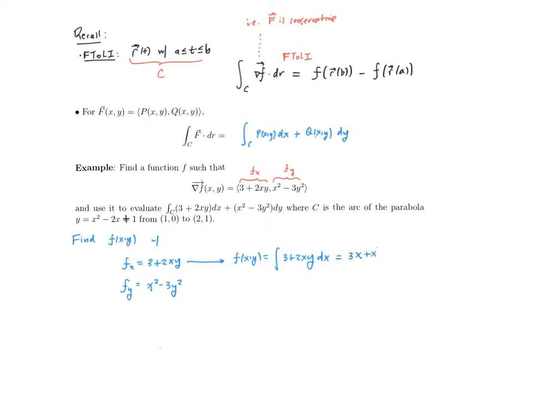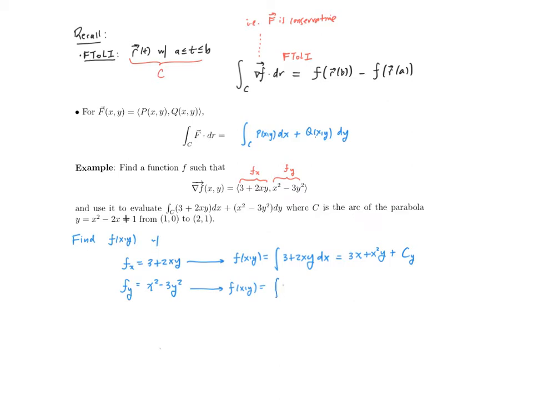So we get 3x plus x squared y, and since it's an indefinite integral, plus a constant. But recall from our previous discussion that the constant can involve y's as well as true constants. Similarly, we get a second representation of f, which is necessary to make sure we can determine f up to more than just any quantity involving y's.